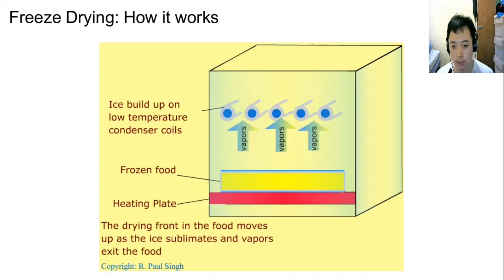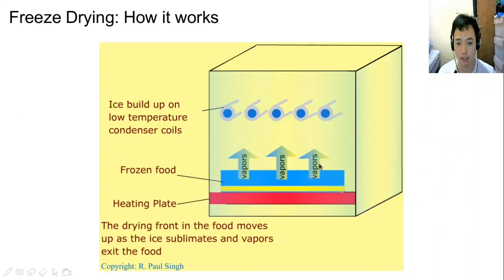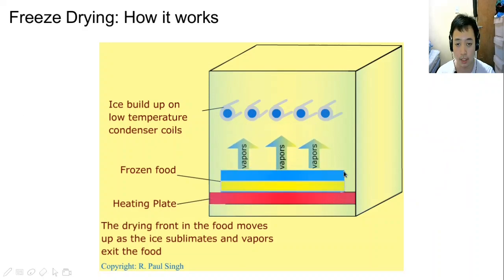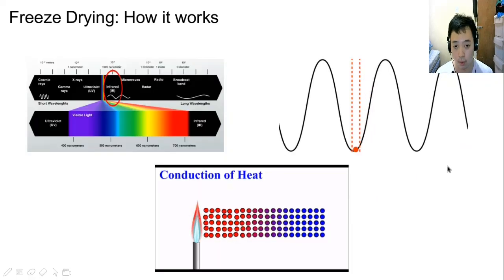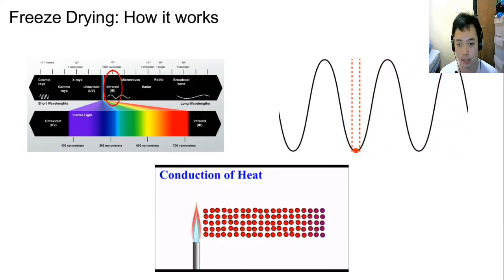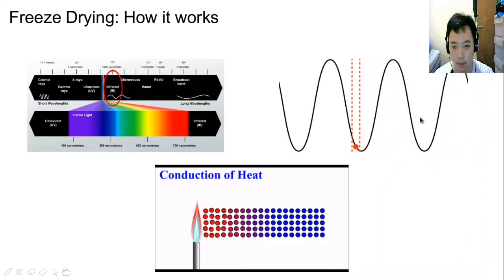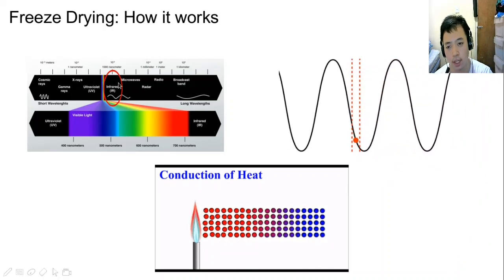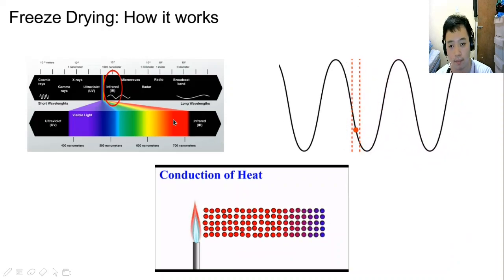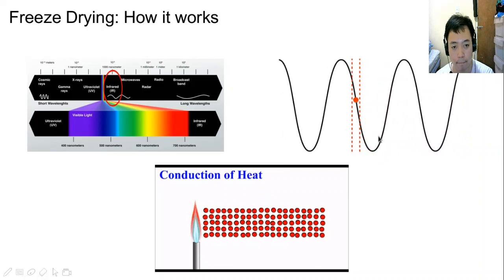Okay, so I mentioned earlier that the products are heated. So there are three ways to heat the products: infrared or light rays. Then the infrared is invisible light, just like ultraviolet.